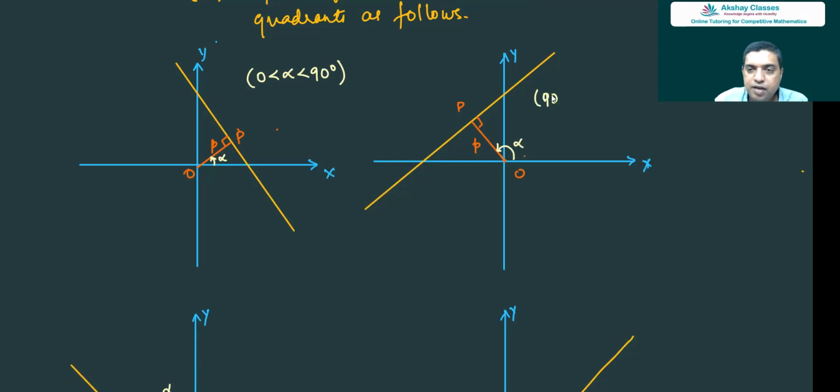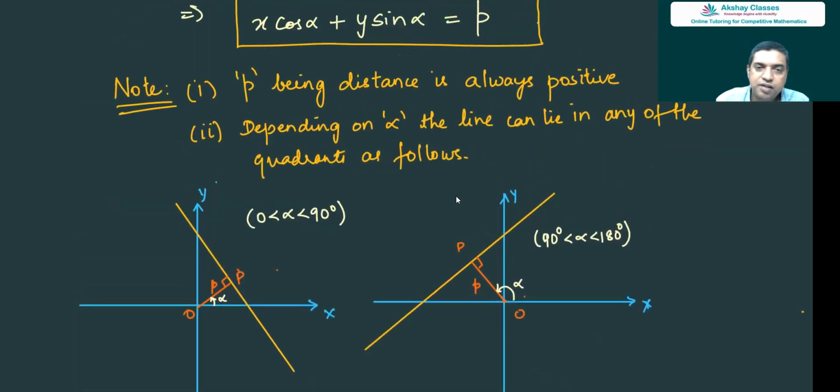Okay. So what will happen? Here cos alpha, sin alpha will both be positive. Here cos alpha is negative, sin alpha is positive.